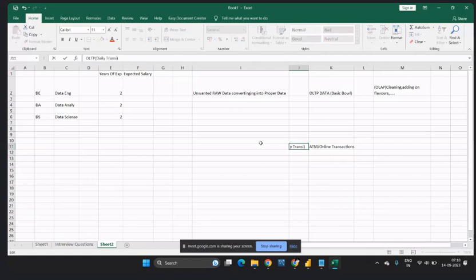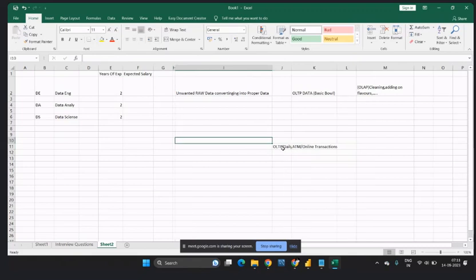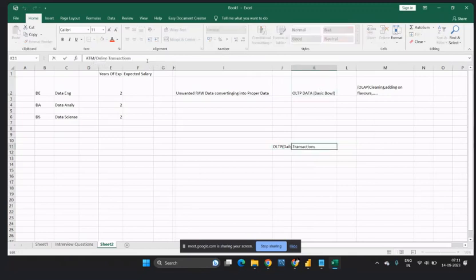The daily transactions you are keeping in one data source, one basic bowl, in the sense that for all these transactions you need to keep storing in SQL, Excel, Oracle, like those databases. We have to call them databases.